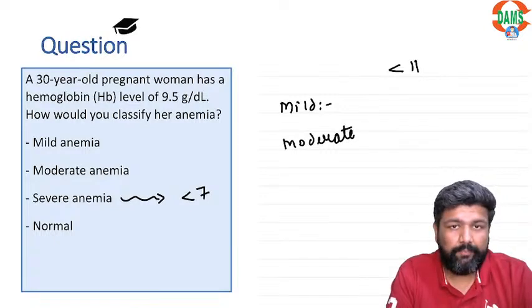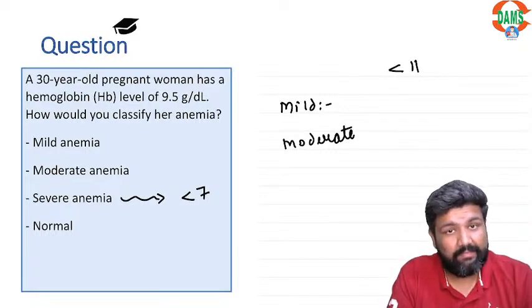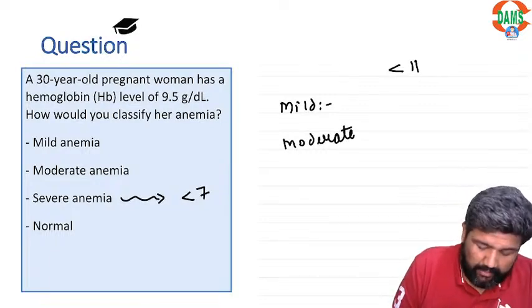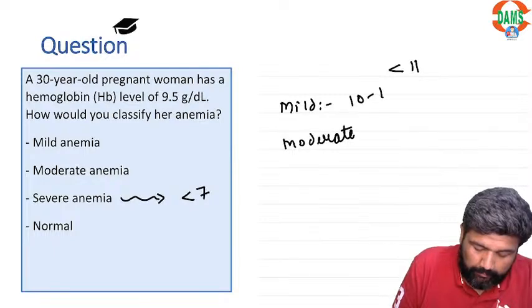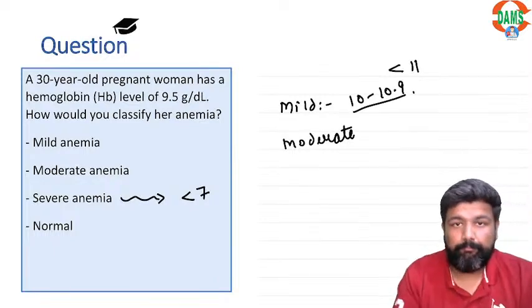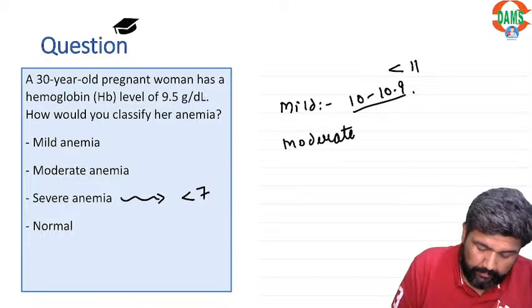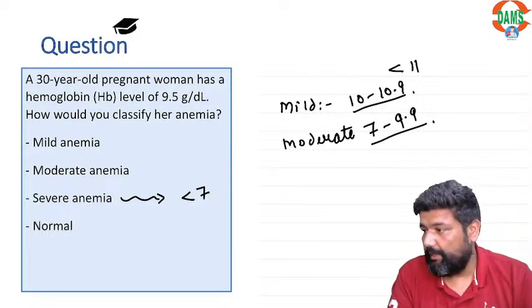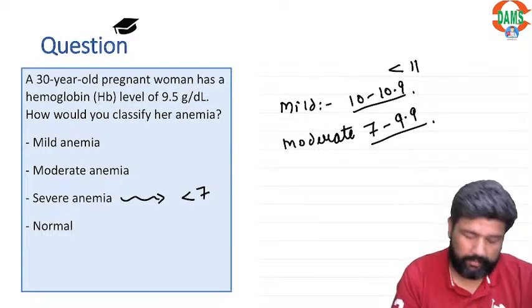This is very important. We have taught you in OBGY as well as in PSM. I have covered this doubt in PSM. This is important. Mild is 10 to 10.9, and moderate is 7 to 9.9, roughly 7 to 9.